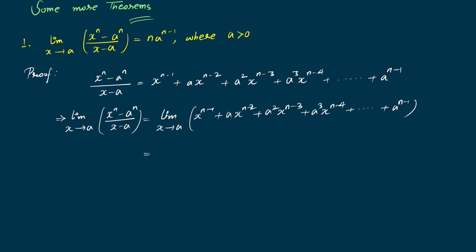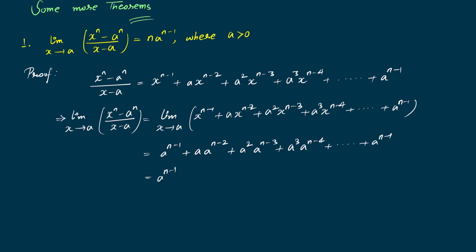Okay, so now this will be a to the power n minus 1 plus a into a to the power n minus 2 plus a squared into a to the power n minus 3 plus a cube into a to the power n minus 4 plus up to a to the power n minus 1.